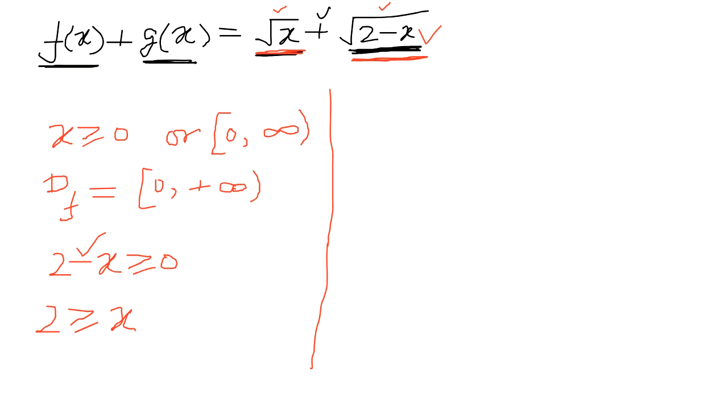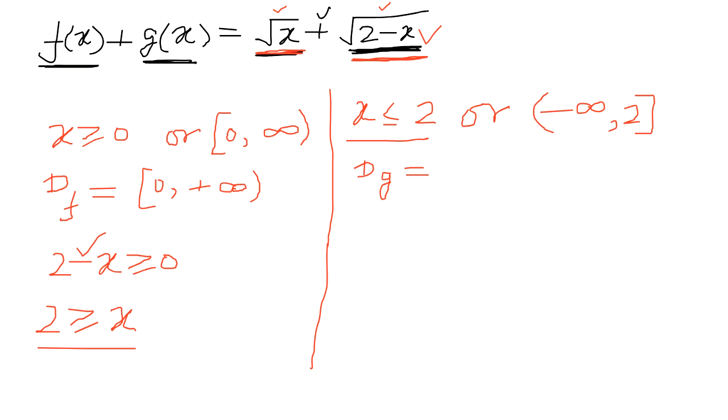This means x equals 2 and x less than 2, going left up to here. Right? So the domain of g equals (−∞, 2].